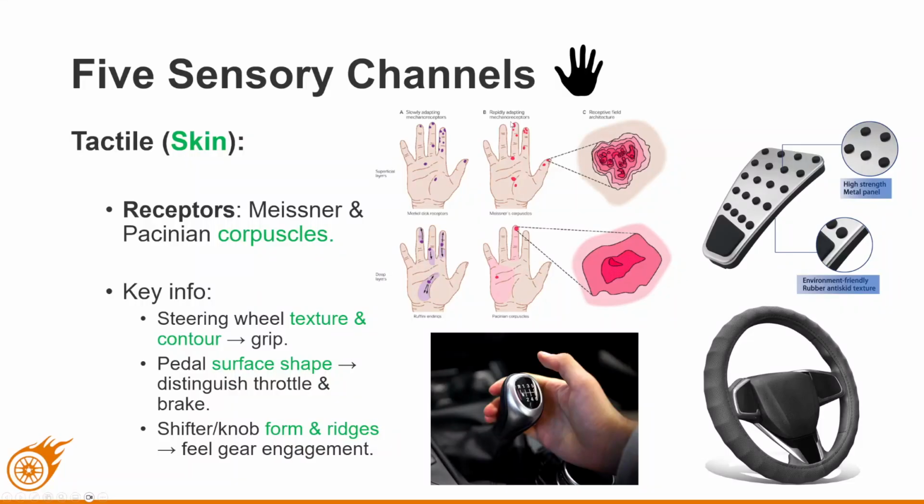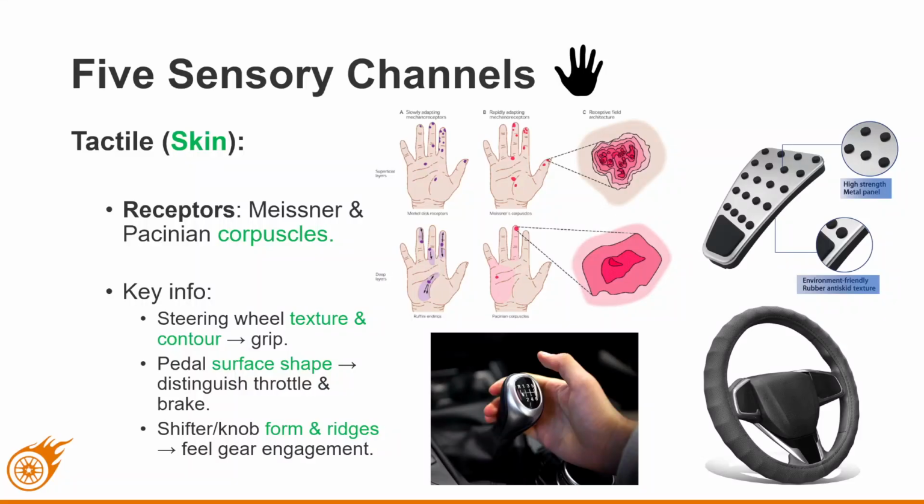So think of the Meissners as the more texture sensors, and the Pacinians as more deep impact and vibration sensors. Together they kind of give the driver a complete tactile map. The Meissner is more fine textures and lighter pressures, and then Pacinian corpuscles are deeper pressures, more like force feedback.